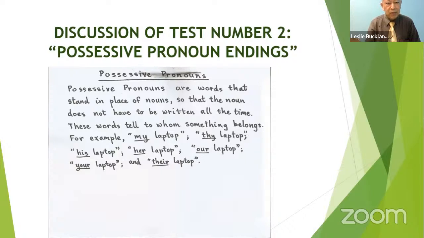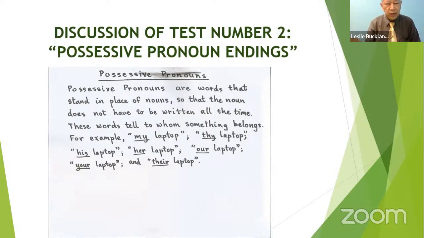Well, that itself is a definition of the word pronouns. These words tell to whom something belongs. And now I'm dealing with not just pronouns, but possessive pronouns. For example, my laptop. Well, the word my is a possessive pronoun.